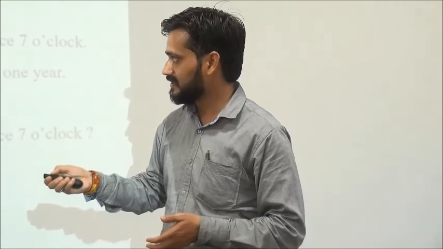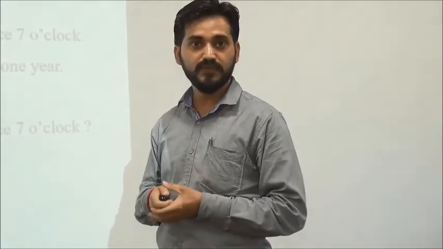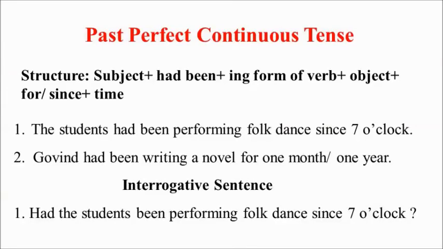There is the subject Gobind. Is it plural or singular? It's singular. But there is also had been. In past tense, there is no has. There is only one thing, that is had. So the subject may be plural or singular. You have to use had been in past perfect continuous tense.